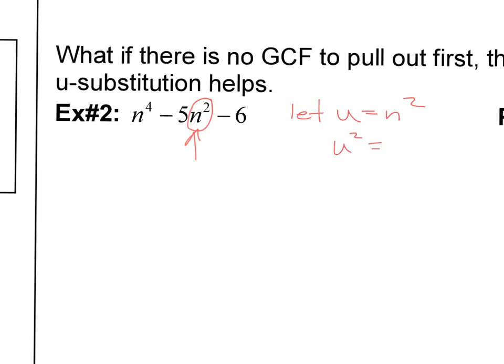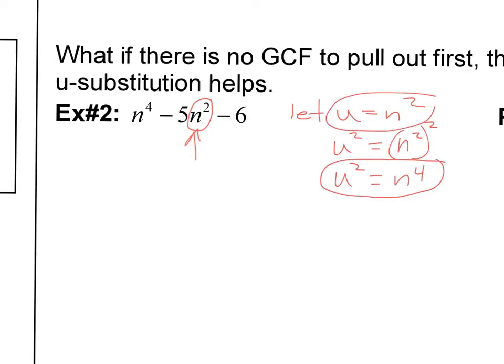If I square u, I'd get u squared on the left, and then I would get n squared squared, which is n to the fourth. The reason I'm doing this is, you can see very quickly, I can substitute in for an n squared a u, and I can substitute in for an n to the fourth a u squared. So let's rewrite this. When I rewrite this, I get u squared minus 5u minus 6.